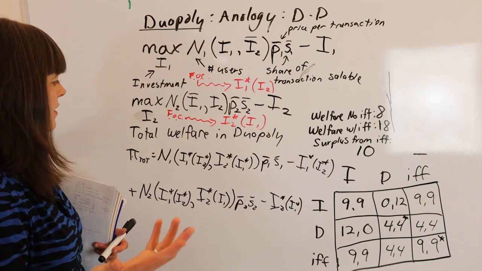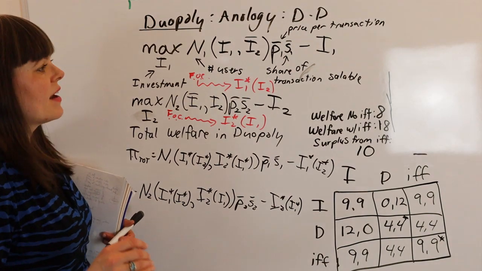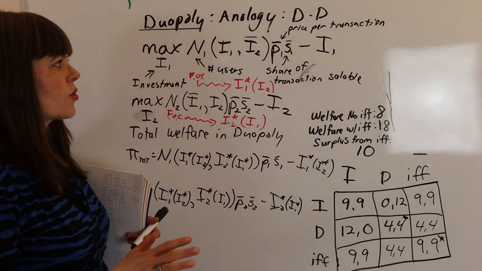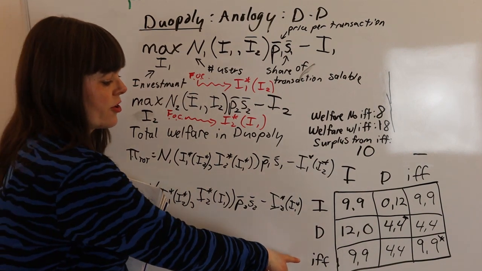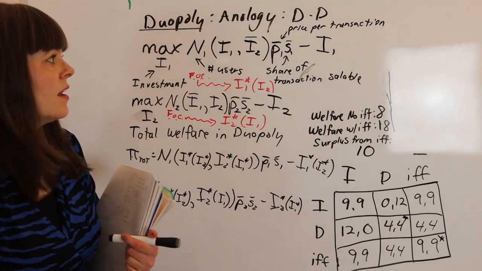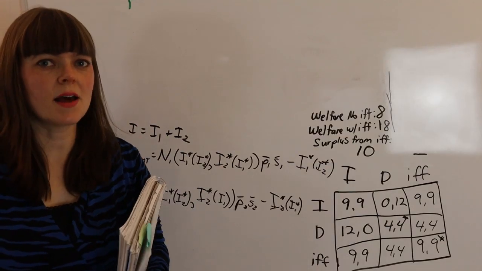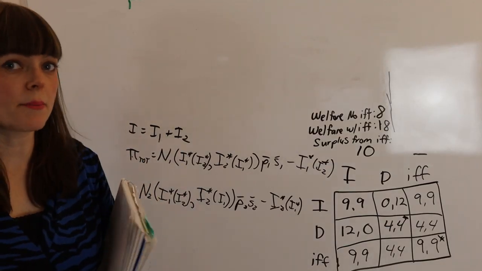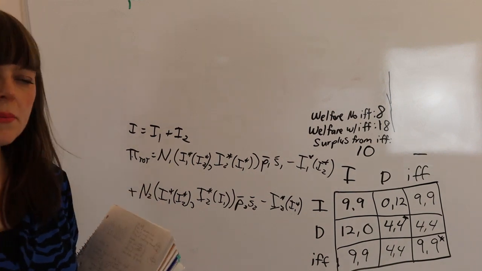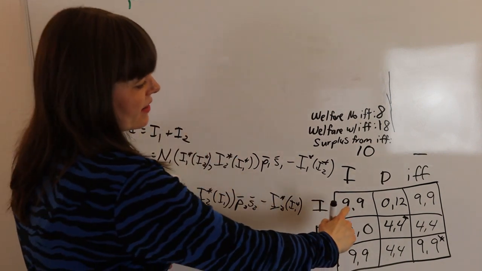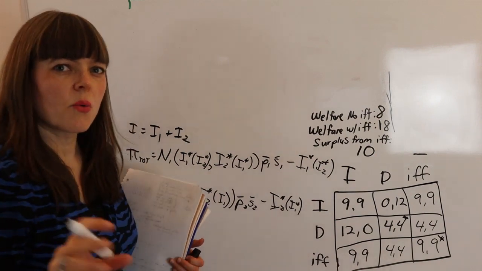That's the total welfare. Now we need to compare that to the total welfare in the case where they're using an if and only if statement, in which case, how do we calculate that? So our next step is to calculate the monopolist situation. And the monopolist situation is going to be analogous to both players investing where they're cooperating.